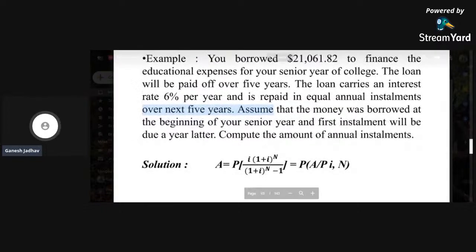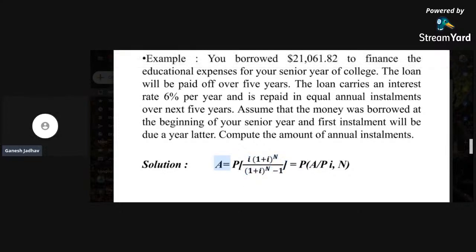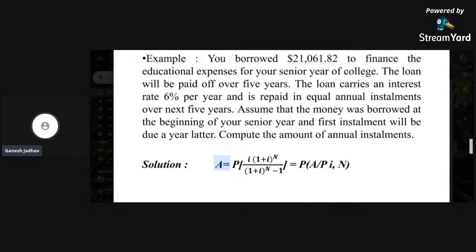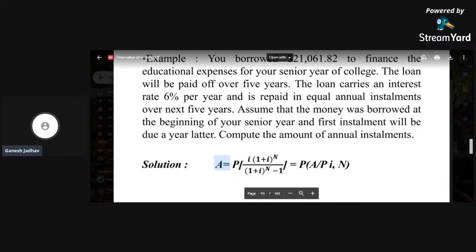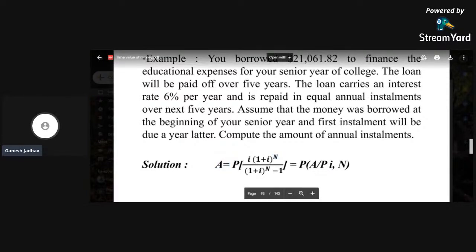When you put all these values in this particular formula, you can get the value of A. What is the value of P? The value of P is equal to 21,061.82 dollars. Then the value of i is equal to 0.06, and the value of n is equal to 5.